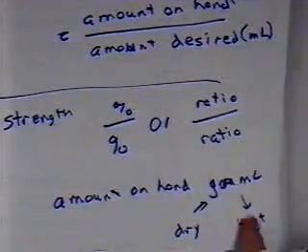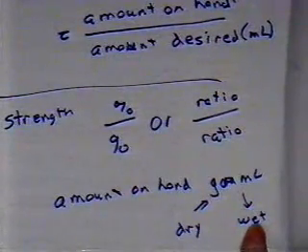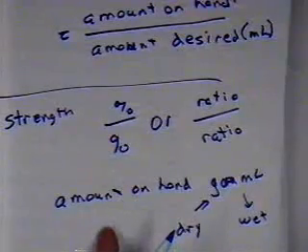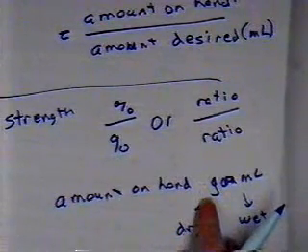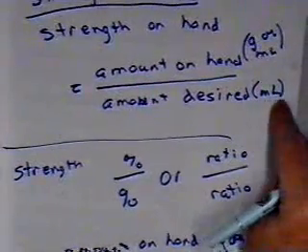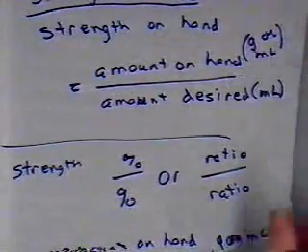So if it's already wet, that amount on hand is milliliters. But if we're making a saline solution, we're going to start off with dry salt, so then the amount will be a gram. So the bottom has got to be milliliters, but the top can be a gram or a milliliter.